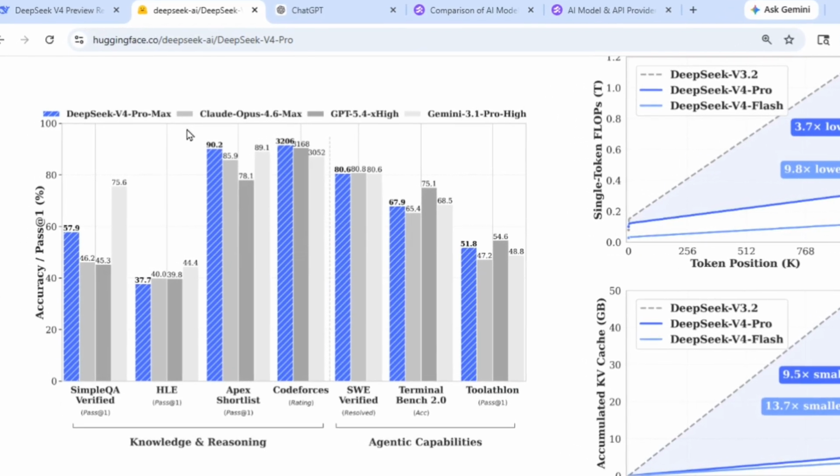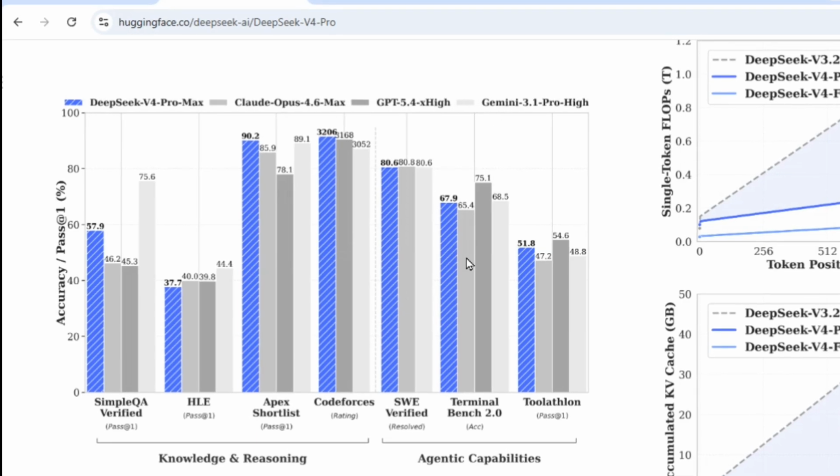Now, here's where things become really competitive. DeepSeek is now going head-to-head with some of the most expensive AI models in the world. We're talking about GPT 5.4, Claude 4.7 Opus, and Gemini 3.1 Pro. And according to benchmark results, DeepSeek V4 Pro is either matching or outperforming them in multiple reasoning and knowledge evaluations.